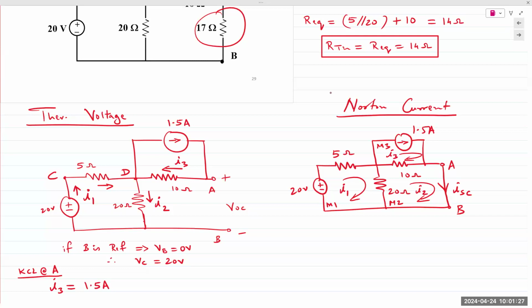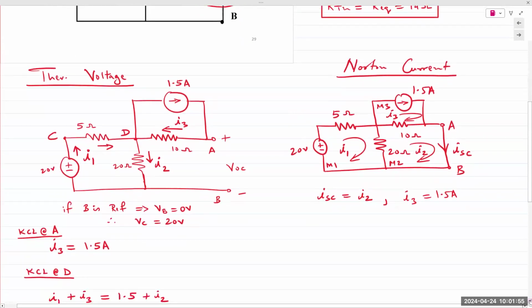Right off the bat, I can see ISC is the same as the mesh current I2. So I can define ISC as the mesh current I2. Also, I can assign a value for the mesh current I3 as 1.5 amps. So there are only two unknowns in the circuit. I need at least two equations.